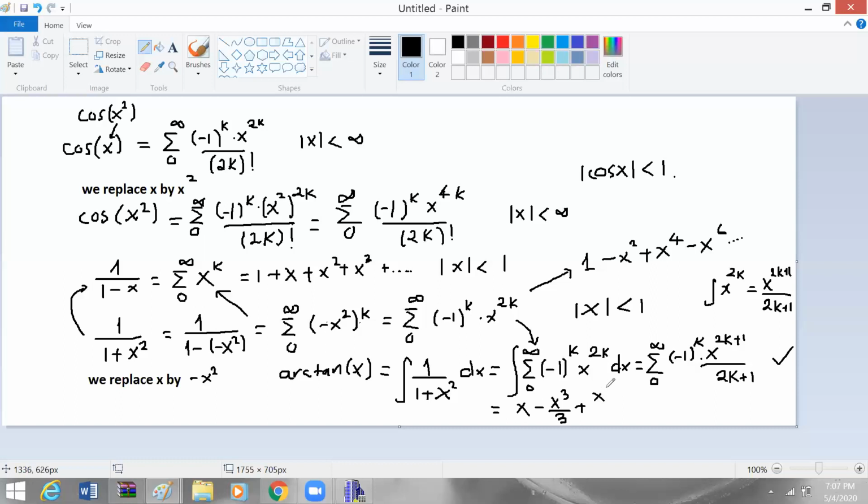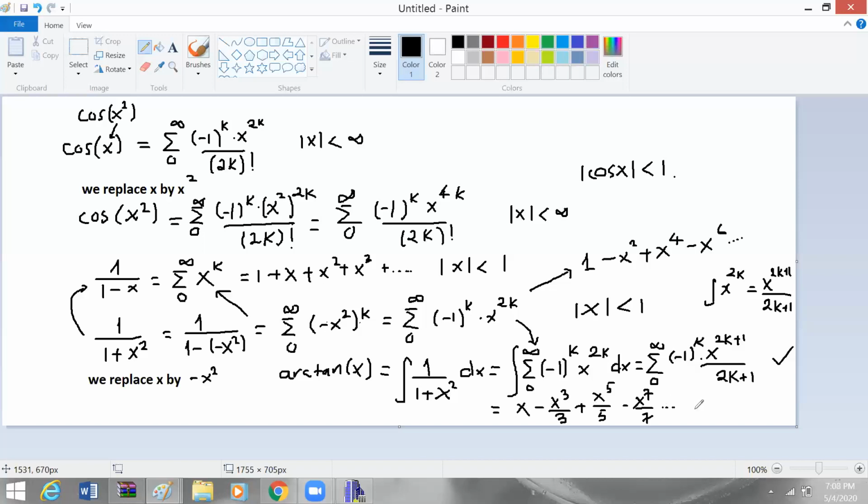And when k equals 3, that would be x to the 7 over 7, and so on and so forth. Or if we check, we can take the antiderivative of 1 minus x squared plus x to the 4 minus x to the 6, and we get the same thing: x minus x to the third, and so on and so forth.